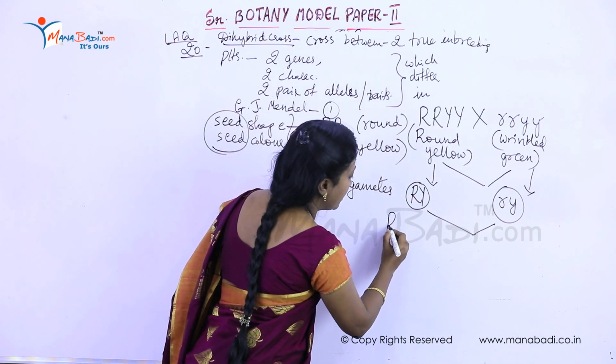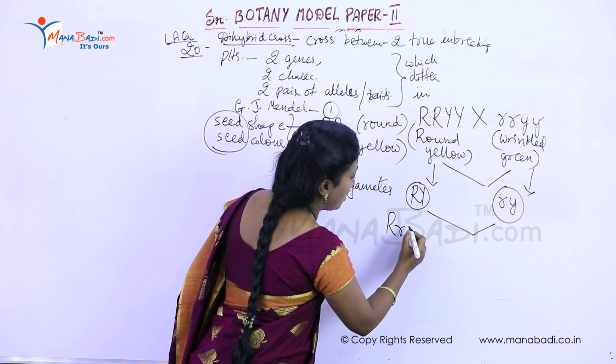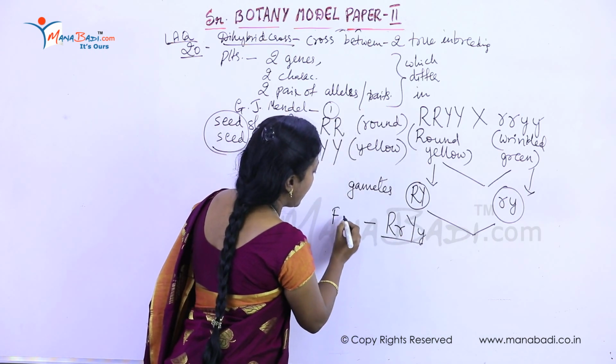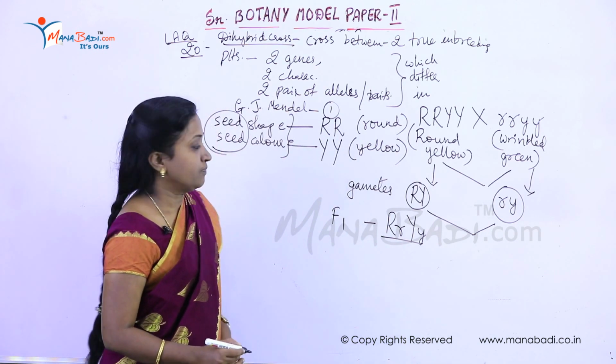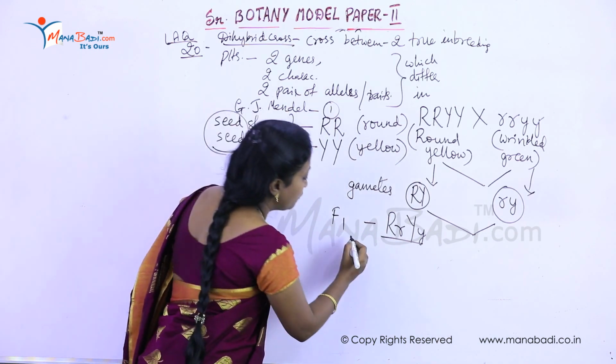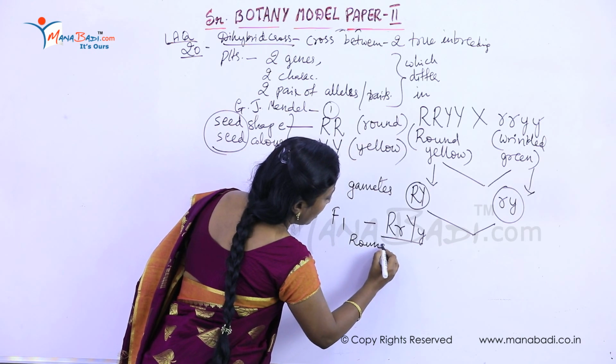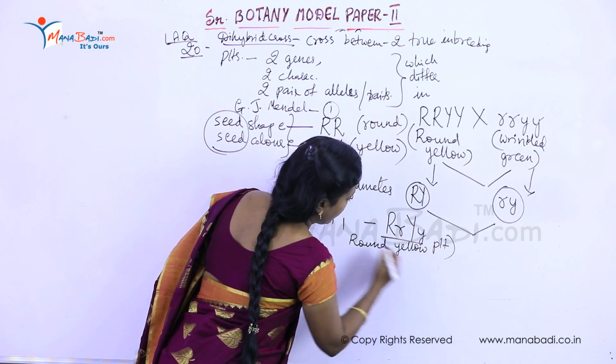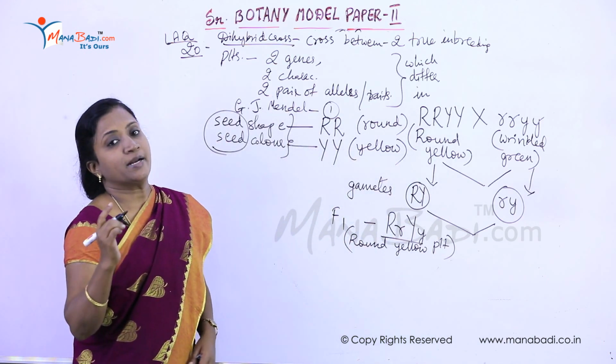These resulted in the formation of capital R, small r, capital Y, small y. This is the F1 generation, a round yellow seeded plant.